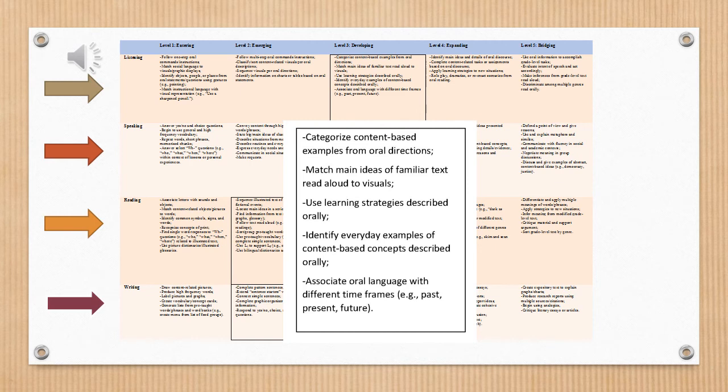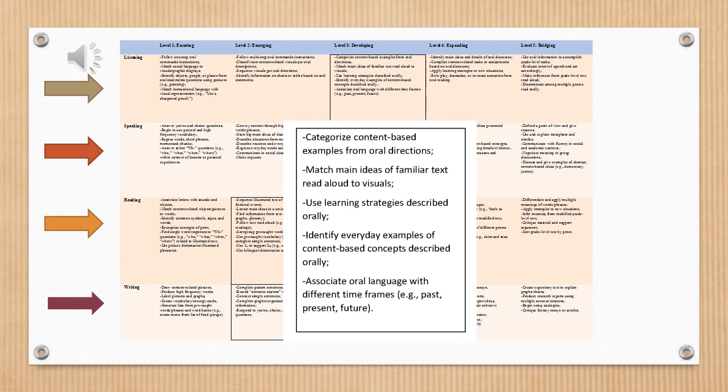Level 2 is considered emerging in language development. Level 3 is developing. Level 4 is expanding. And level 5 is bridging, as this is the level where they are considered proficient or almost proficient.